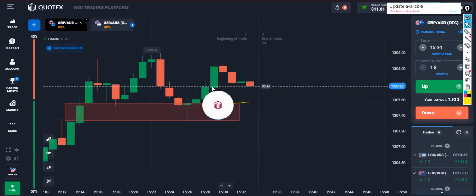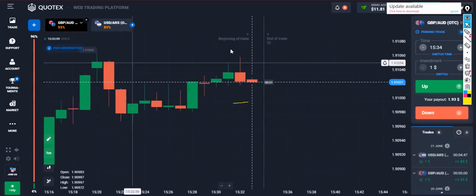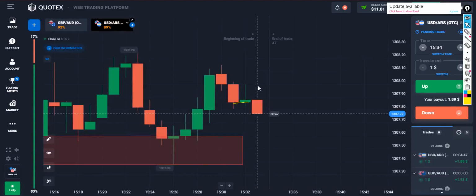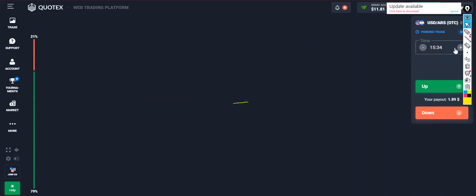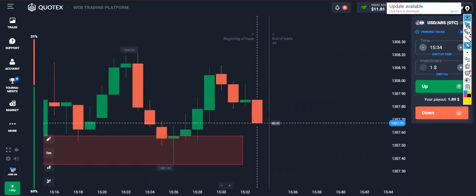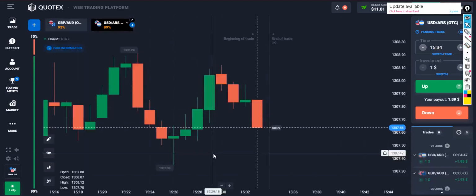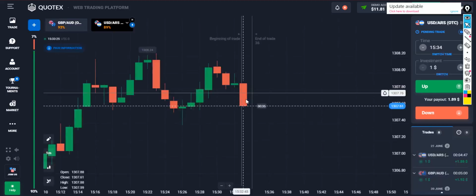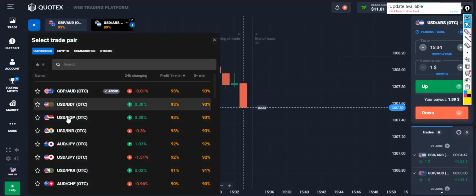Let's see if there is any other fair value gap that we can find. In USDARS, there is no fair value gap. We have already used this one, so we're going to delete this and see if we can get a fair value gap. I think we're going to get a fair value gap right here, so we'll come back to it later.